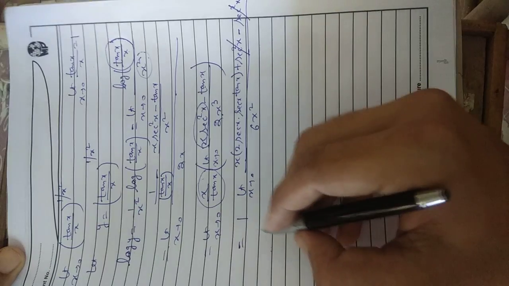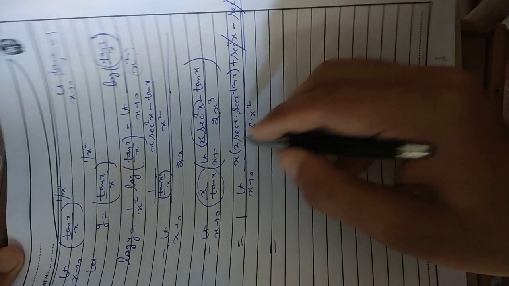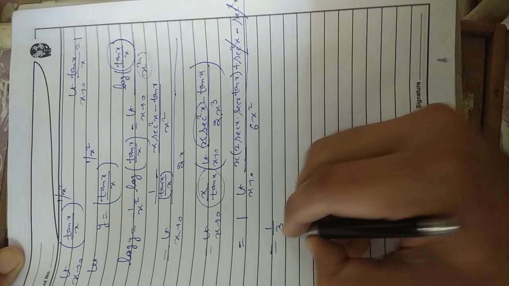Now this will cancel. Now 2 over 6, that is 1 by 3.